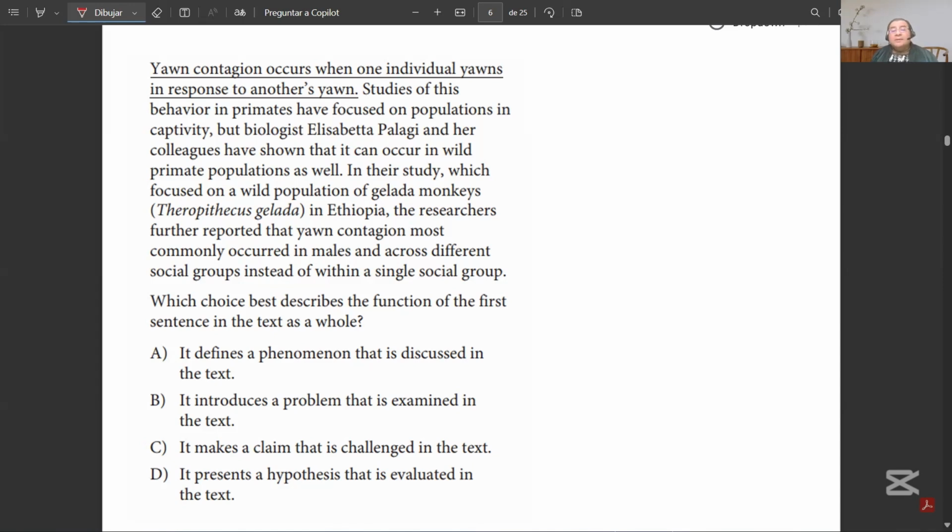Which choice best describes the function of the first sentence in the text as a whole? In other words, why is this sentence there?